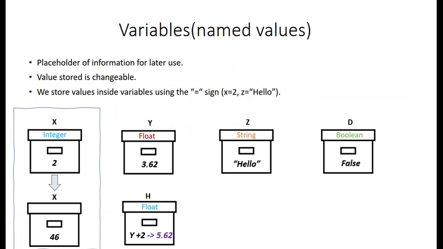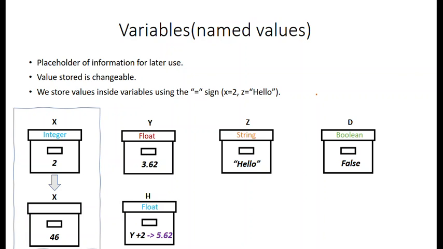Okay. Now, a very important building block of any program is something called the variable or variables. A variable is just a placeholder inside which we can place a value of a certain type or data type.